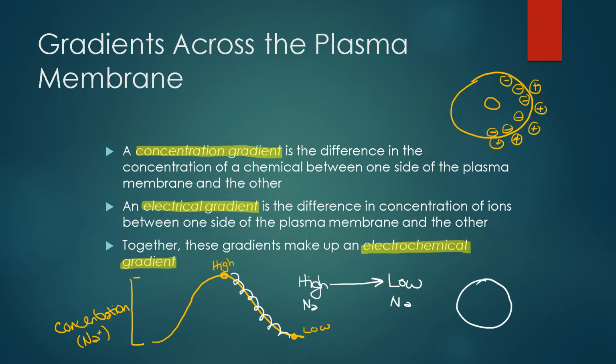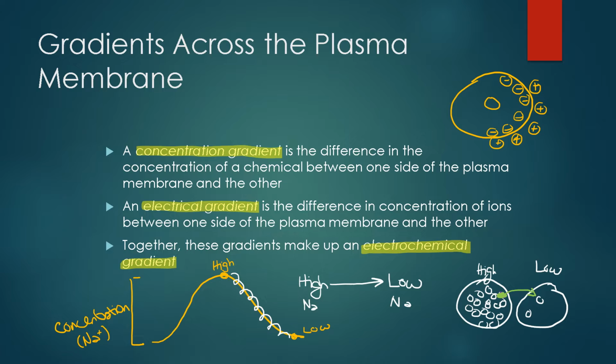If we have all these little sodium ions in an area, and then in the area right next to it, right here, there's only a couple, this is high concentration, and this is low concentration. This particular sodium ion, I'll choose a different color here, is going to naturally want to move this way. It's less crowded, and it's going to be a lot more comfortable. So it's going to move from an area of high concentration to low concentration, and we just call this moving down their concentration gradient.